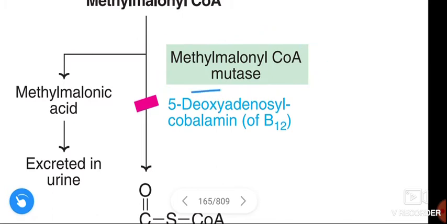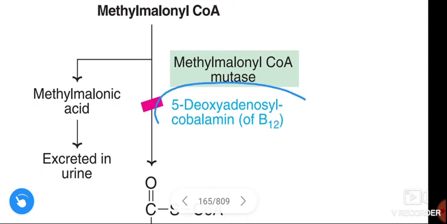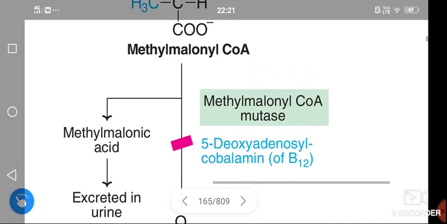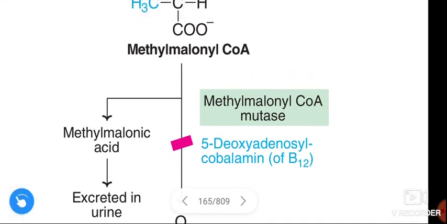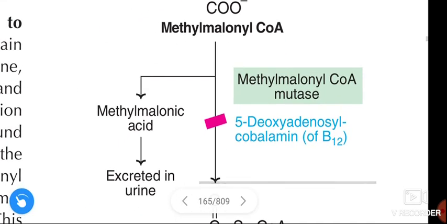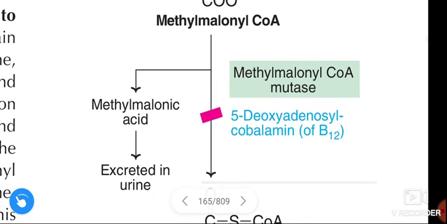This enzyme is dependent on the coenzyme deoxyadenosylcobalamin, which is a coenzyme of vitamin B12. But in absence of this coenzyme, methylmalonyl-CoA is not converted to succinyl-CoA, and this accumulates and is excreted in urine as methylmalonic acid.